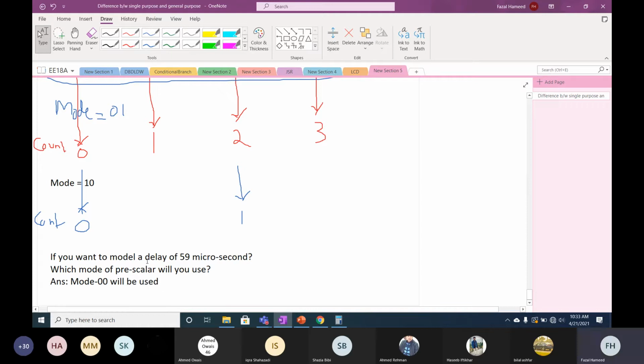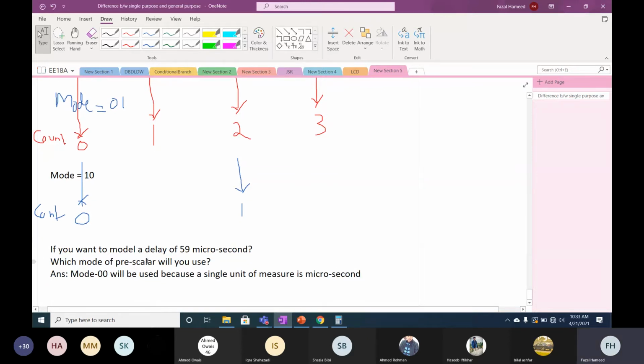Because, now it's very important, mode 0 will be used because a single unit that you're actually measuring, a single unit of measure, is micro. In this case, when should the stop signal be asserted?